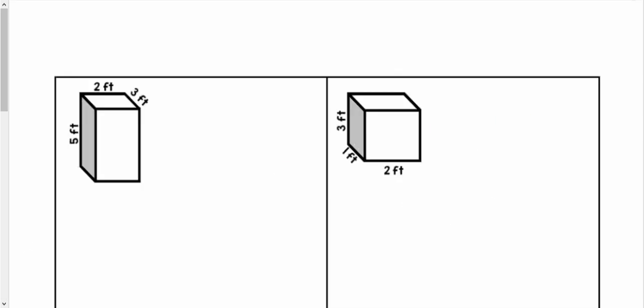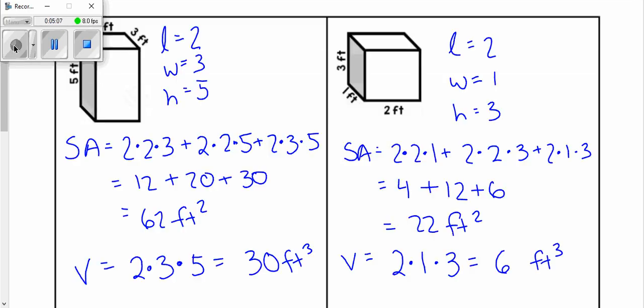Okay, on this page I want you to try surface area and volume and come back to the video when you're done to check your work. Okay, for the first two, hopefully you got 62 feet squared for the surface area and 30 feet cubed for the volume, and then 22 feet squared for the surface area and 6 feet cubed for the volume.